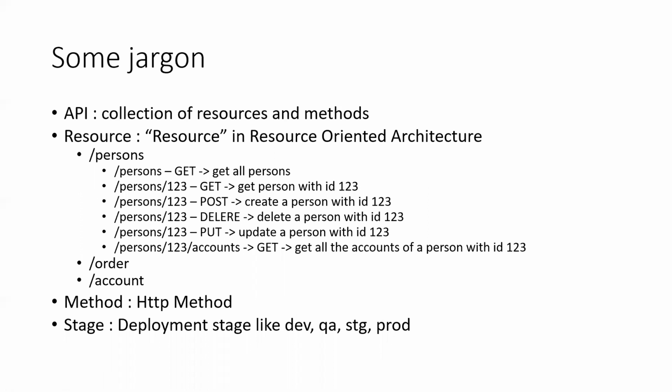Then I'll copy it and make it version 2 and make some changes. That's my version 2 API. So /person/V1, I'm hitting version 1. /person/V2, I'm hitting version 2 of the same person API. Okay?